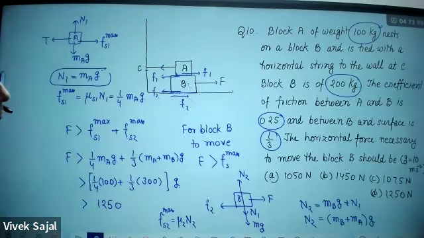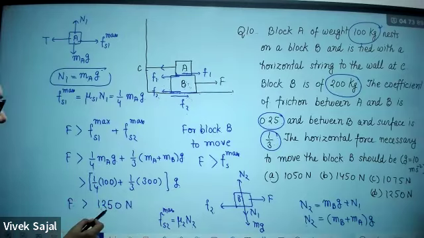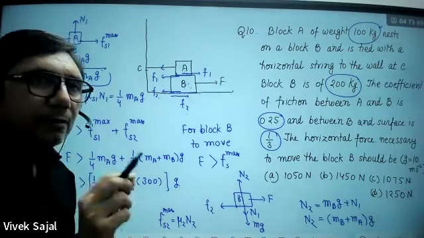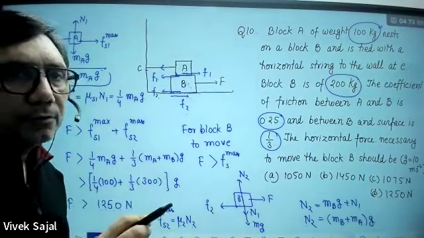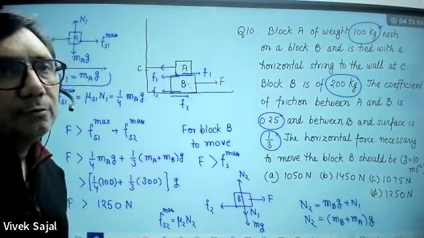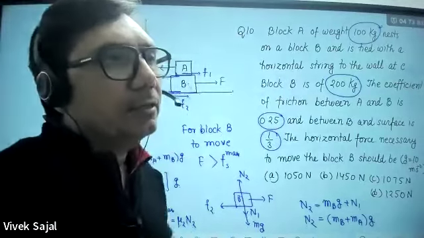So this will be 1250 Newton. So this will be F. F should be the minimum force. It will be 1250 when it is ready to start. So as you apply this much force, whose magnitude is 1250 Newton, then this block B will start moving in this direction.